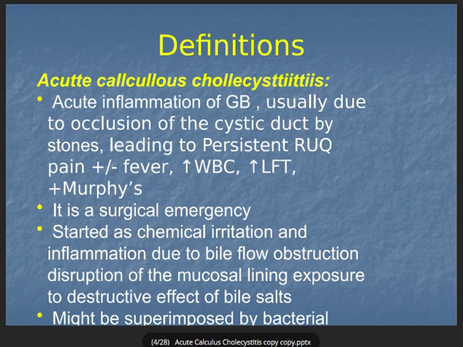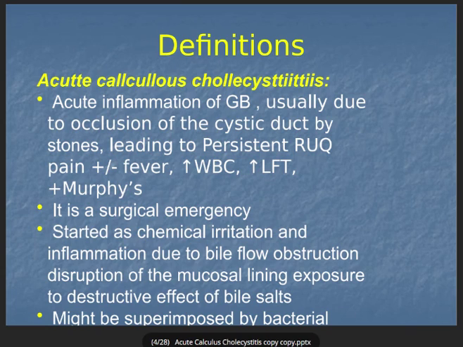In the gallbladder, it is inflammation. So acute calculous cholecystitis is acute inflammation of the gallbladder. It is usually due to occlusion of the cystic duct by stones. This is the commonest cause, 95%, as I told you at the beginning: obstruction of the cystic duct by a stone.